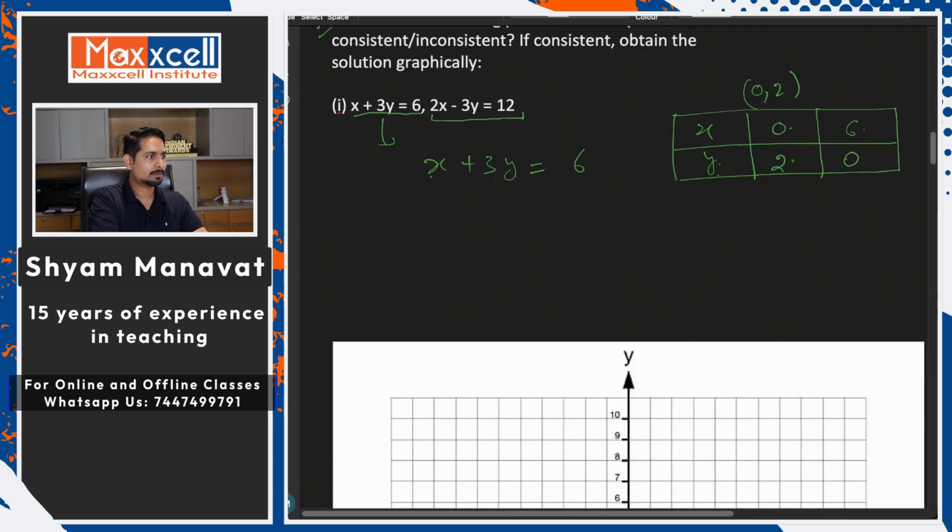Now look at the second one. Let me use blue pen here. So I have 2x minus 3y equal to 12. Again take x and y here.